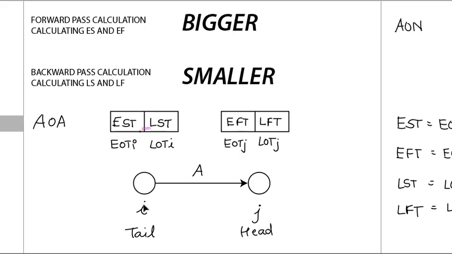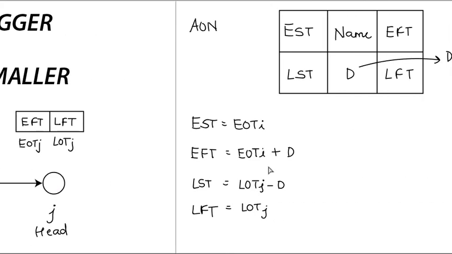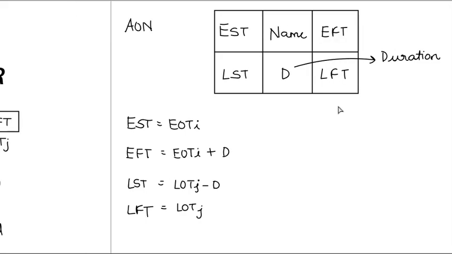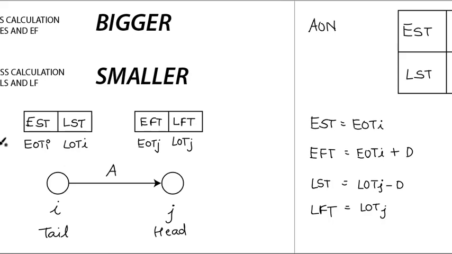Here you have the representation of activity on arrow, ij, and here you have the representation of activity on node. As you see in this activity on arrow, the earliest start time is this one, or ES of I. Why I?